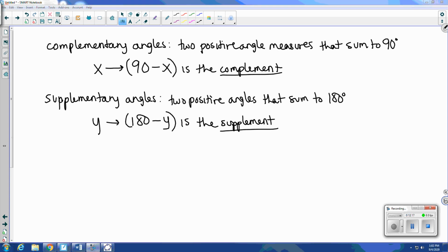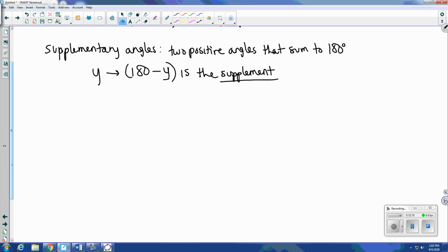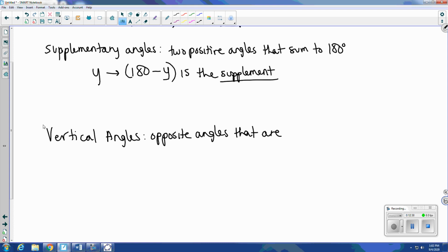Actually, I almost forgot about one pair. The final pairing is actually vertical angles. Vertical angles are the opposite angles that are formed when two lines intersect.